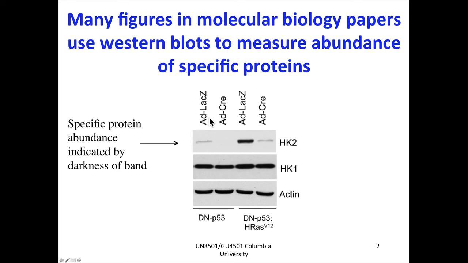There's two comparisons here: ad LAC-Z to AdCre, and then the effect of without or with HRAS V12. Okay, so that's how you would read these kind of figures. You would look to see, well, what's the loading control? Does that look similar in all of the lanes? And then what are the different treatments they're comparing?